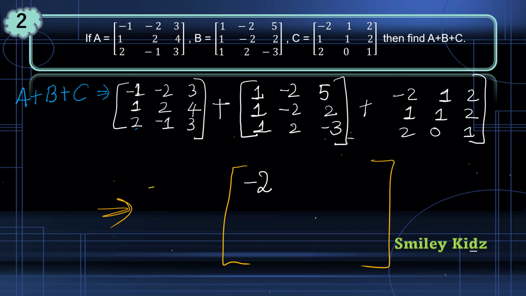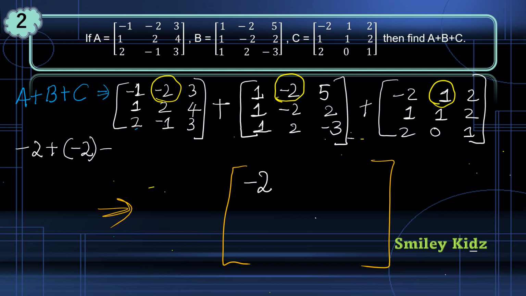Alright. Secondly, we're going to have -2, -2, 1. Alright. So -2 plus of -2 plus 1. Alright, you're adding all the three second elements of each matrix.